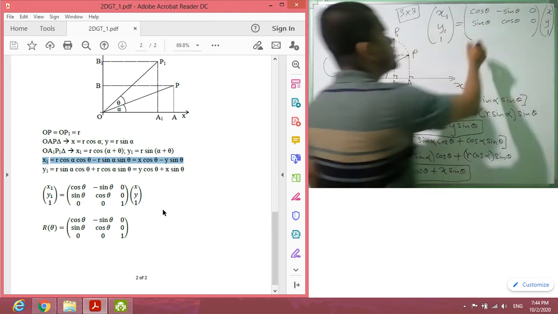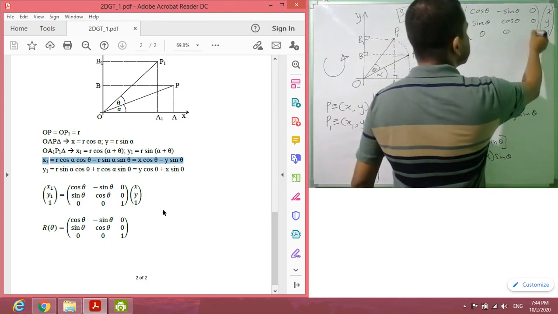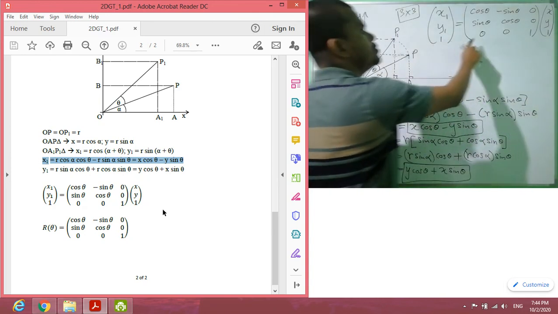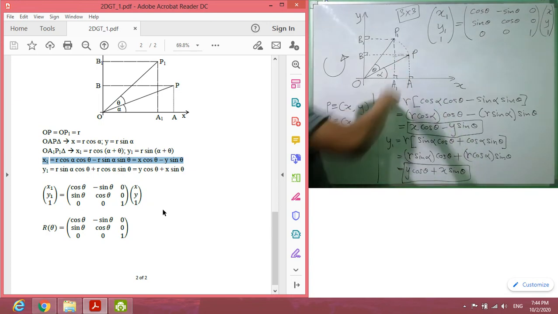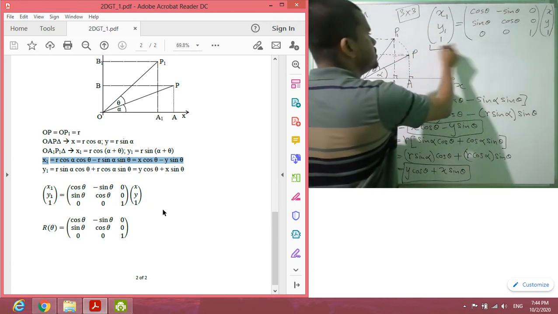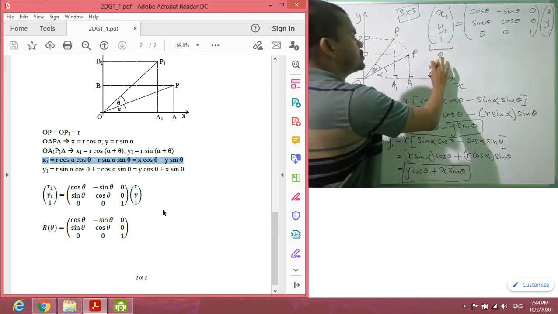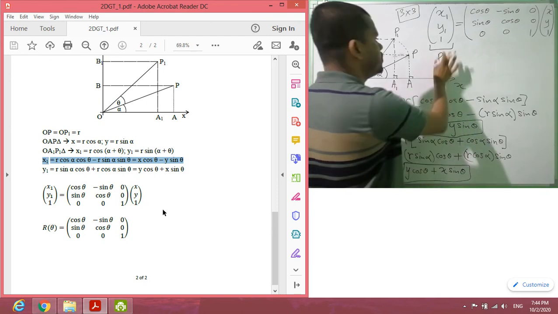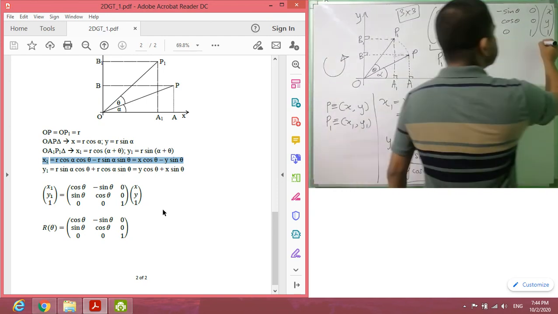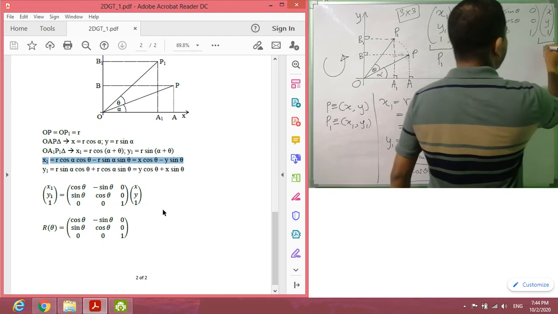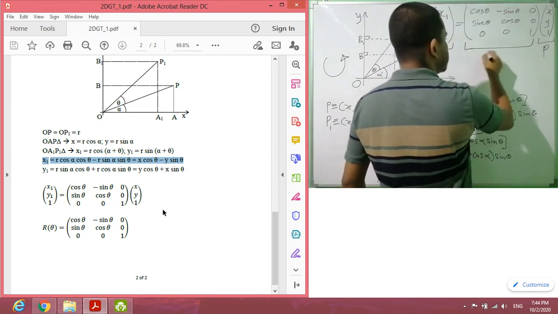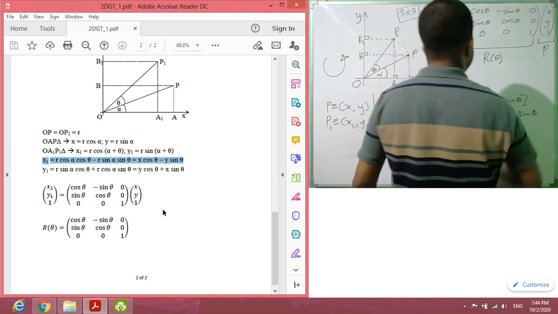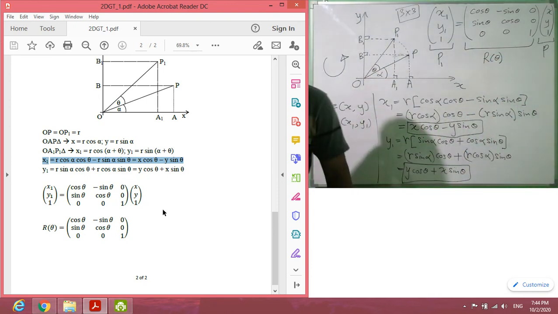And now here you put 0, 0, 1 in order to get this value: 0 into x, 0 into y, 1 into 1, 1. You get this one. And here this is our coordinates of point P1. So this is point P, and this one is our R theta.